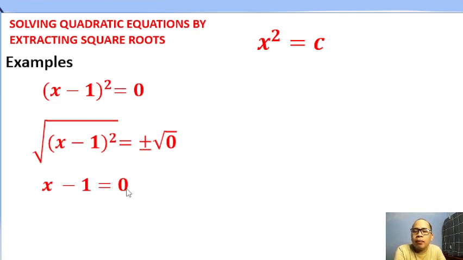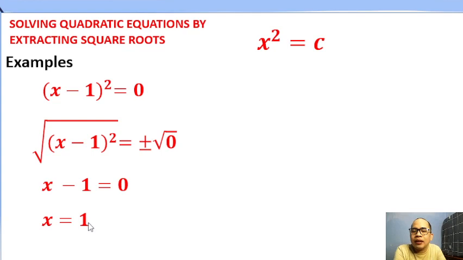To get the value of x, just transpose the negative 1 to the other side, or use the APE, addition property of equality. Then, our x becomes positive 1. So, by this time, the value of x is only 1.